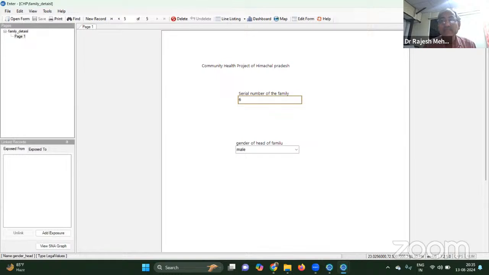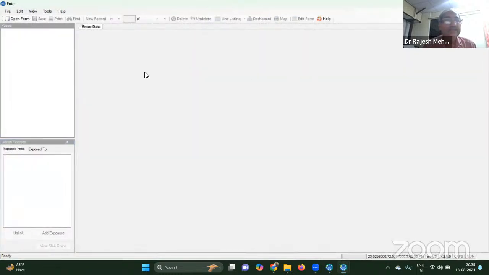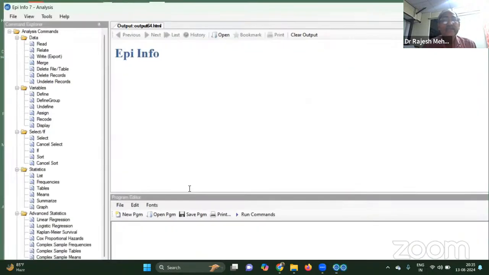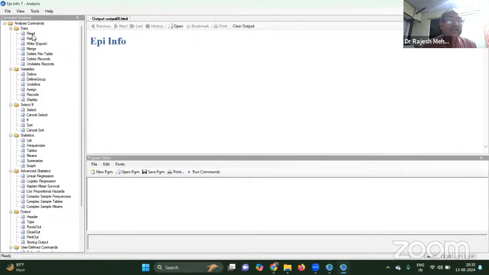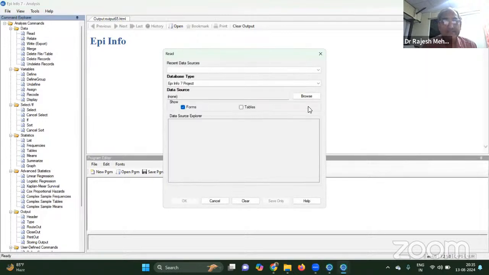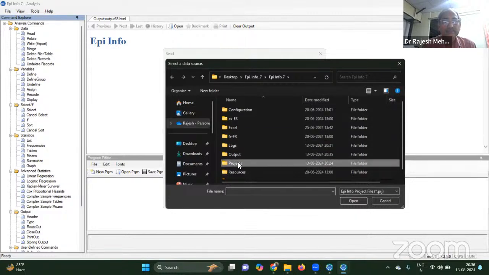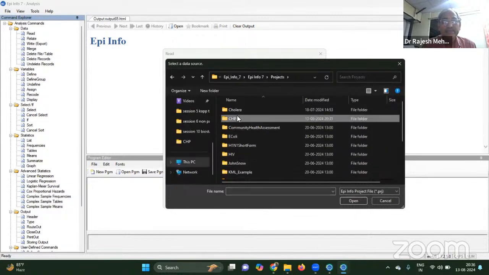And then we can go for analysis purpose. So create the form, enter the data. And now I think we should have more than one data at least. It in the projects CSP.